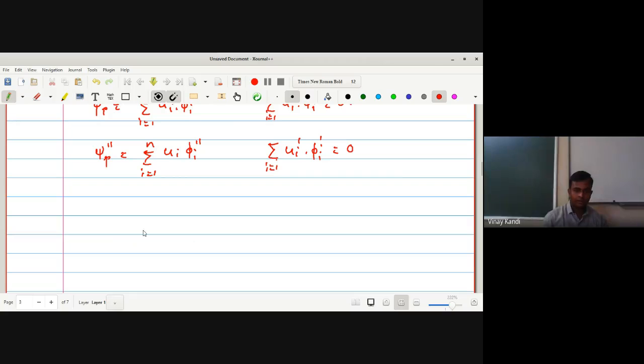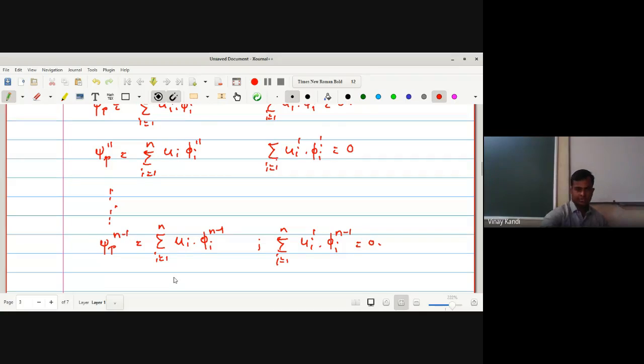So at the end, last we get, to solve, psi p raised to n minus 1 is equal to summation I running from 1 to n, ui into phi I raised to n minus 1, when summation I running from 1 to n, ui dash into phi I raised to n minus 1 dash is 0.